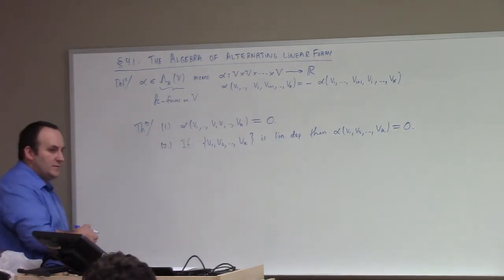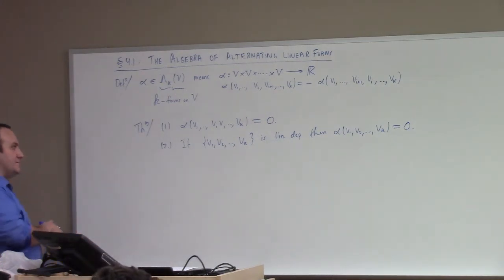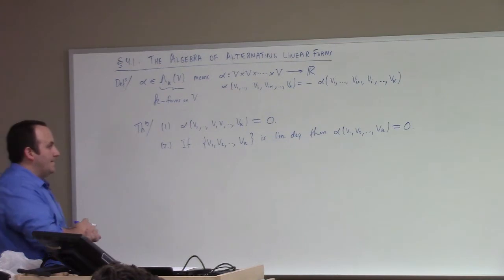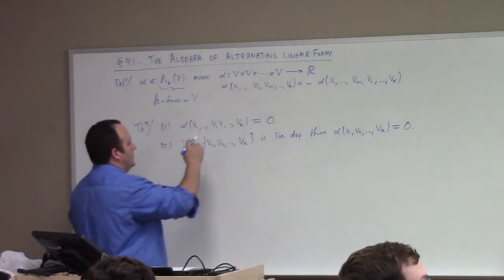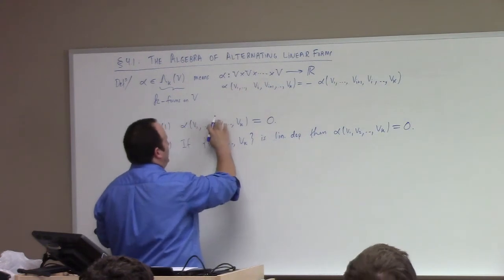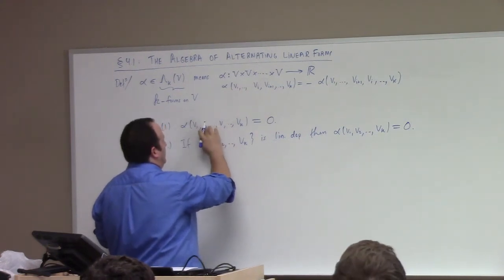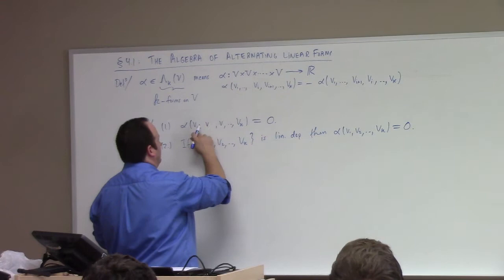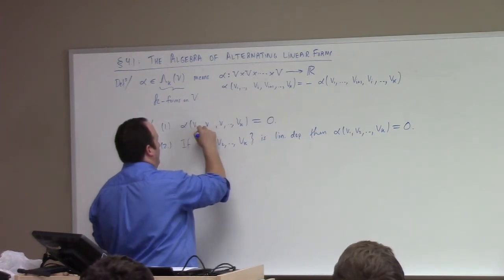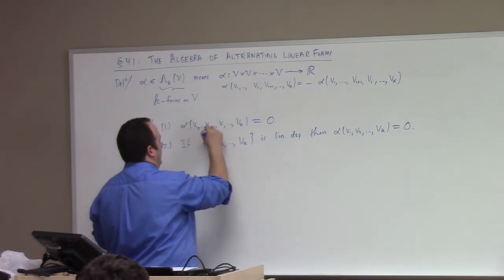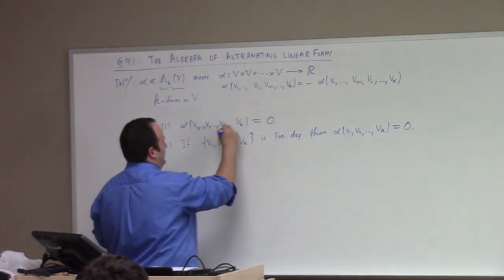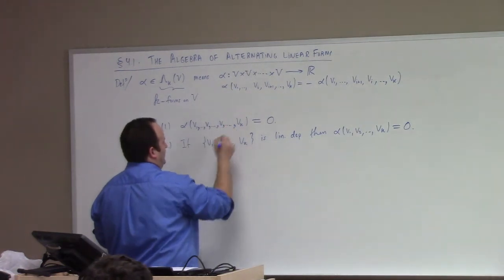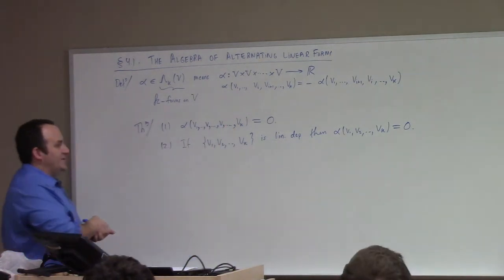You have a question, Sam? I was just trying to figure out the notation for number 1. Do you mean that v1, are you multiplying? Well, what I'm trying to say is that there's some repeated input.